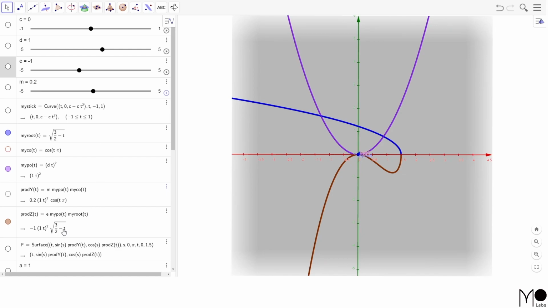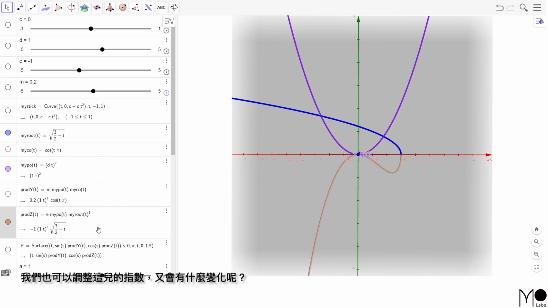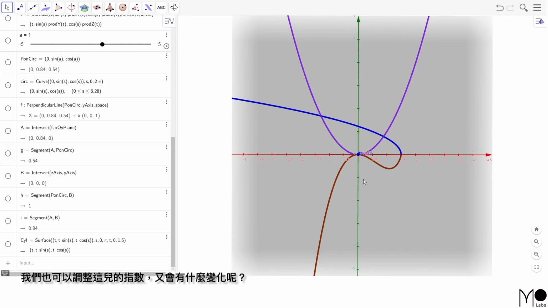And we can actually even change here the exponent. So we can vary the shape also using this exponent, for example, by choosing 1.2, 1.5. You see, it's not that vertical. It's close to vertical, but not really vertical here.